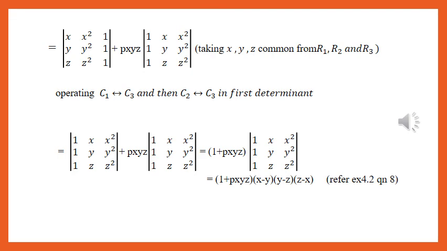So determinant 1, x square, 1, y square, 1, z square plus pxyz determinant 1, x square, 1, y square, 1, z square. Now same like algebra we see this determinant is common. So let's take out. Then we have 1 plus pxyz, determinant 1, x square, 1, y square, 1, z square.